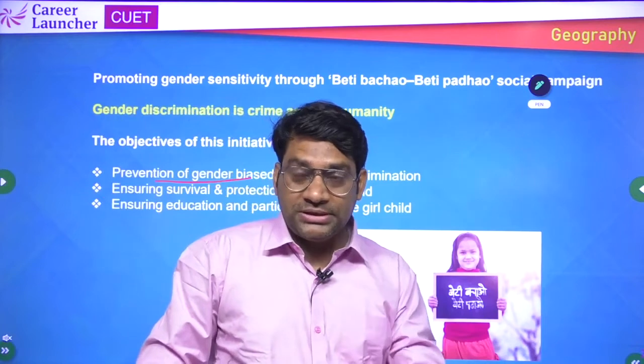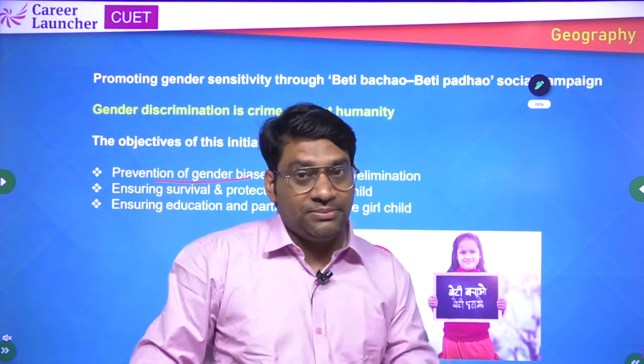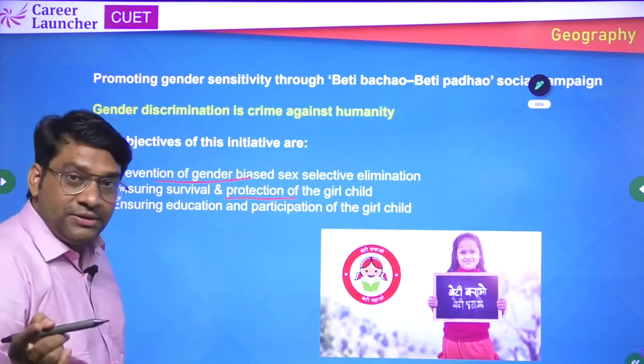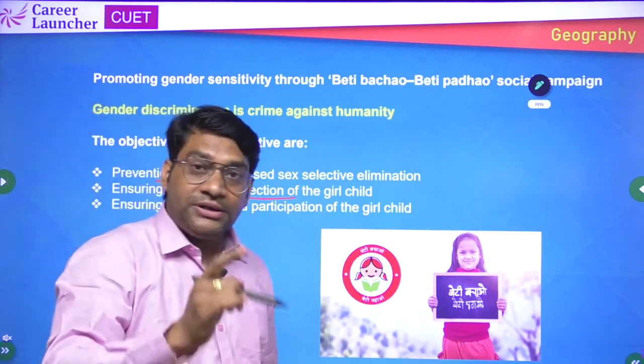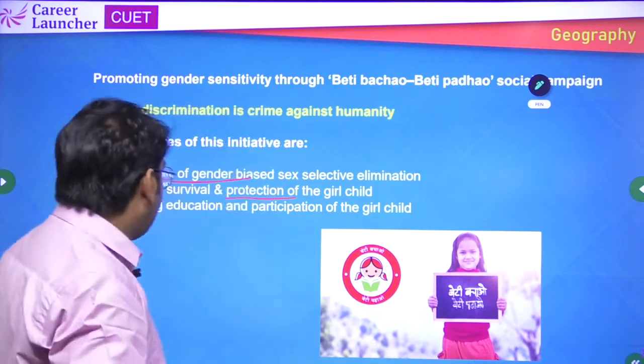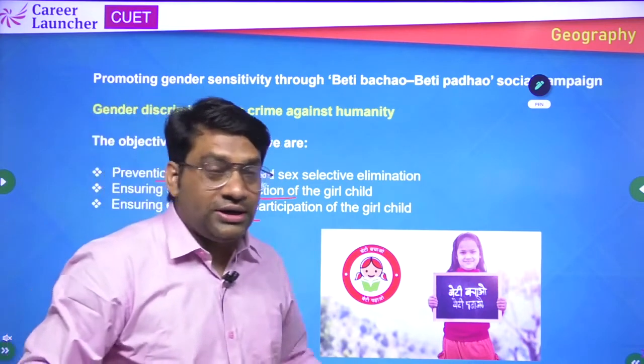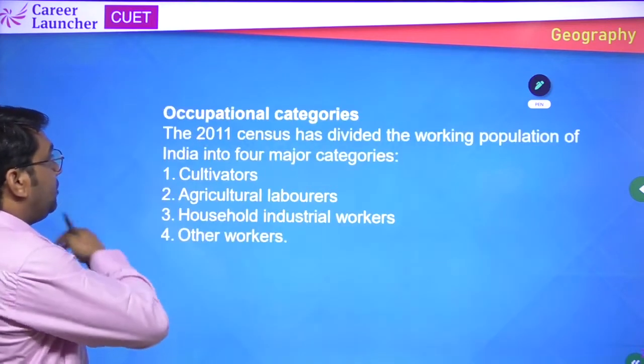Okay, ending sex selective elimination. Second one is ensuring survival and protection of the girl child, because these girl children are very very important, they are the main nation builders. Okay, and ensuring education and participation of the girl child. So all this campaign comes under Beti Bachao Beti Padhao.